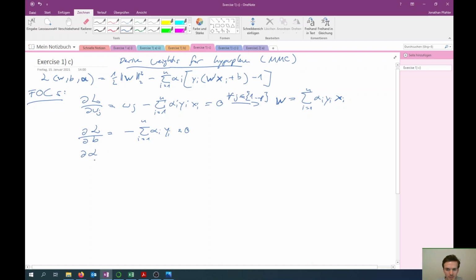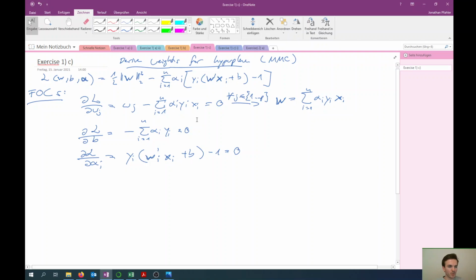Then our Lagrangian parameter alpha yields this partial derivative here. I think it's pretty intuitive.